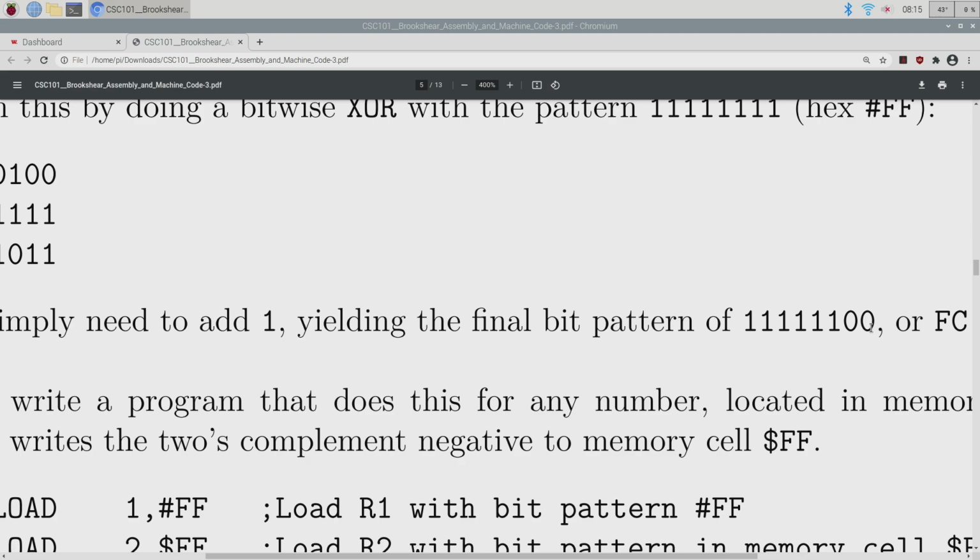This is 64, minus 64, sorry. That's minus 32. That's minus 16. So we've got minus 16 plus 8 is negative 8, sorry. Plus 4 is negative 4. Yes, it does.